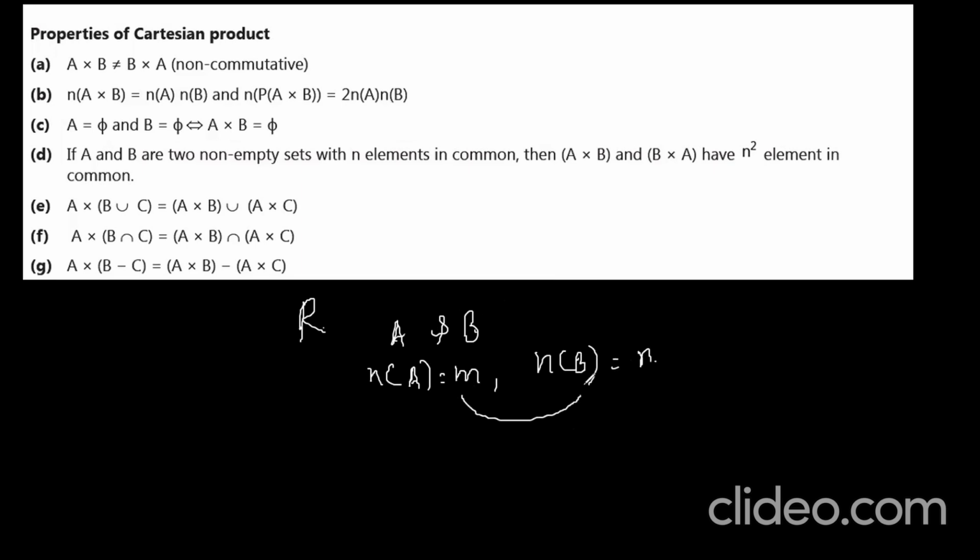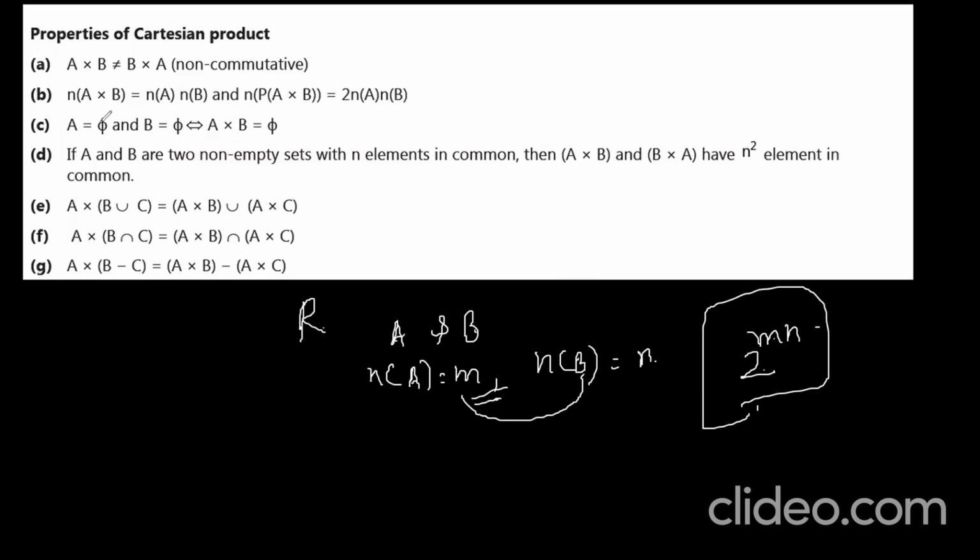How many possible relations between A and B? That is 2 to the power mn. Got it? Yes.